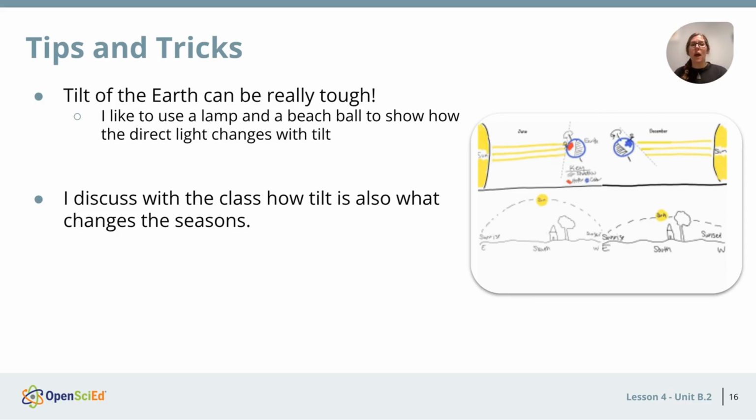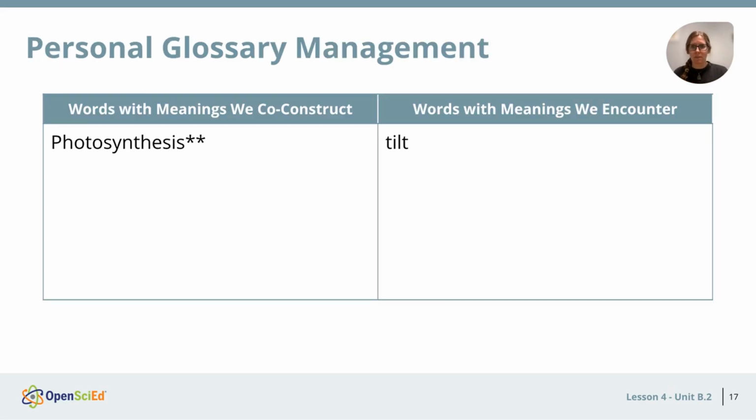And that has helped my students a lot in the past make that connection between tilt of the earth and how the angle of the solar rays really affects temperature and then plant growth and photosynthesis.